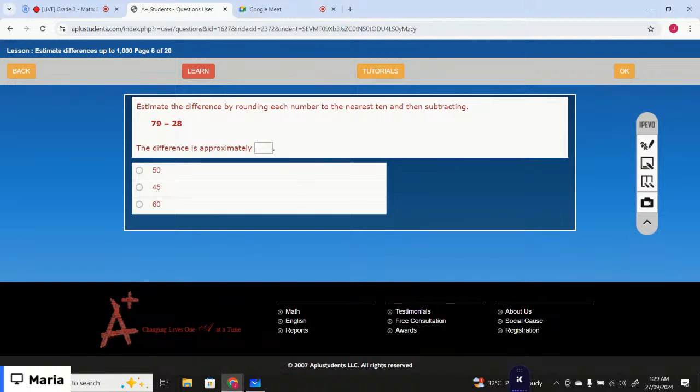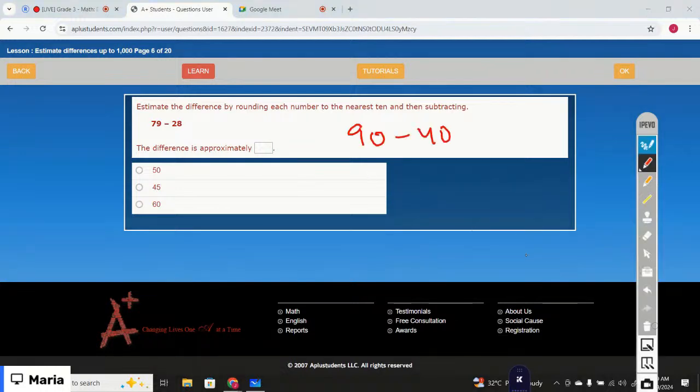Estimate the difference by rounding each number to the nearest 10 and then subtracting 79 minus 28. Which is the correct option? 79 is rounded off to 80 and 28 is rounded off to 30.